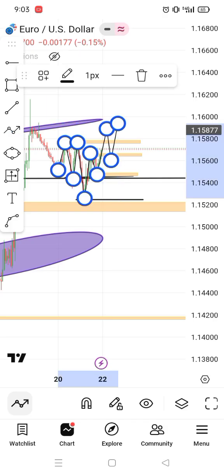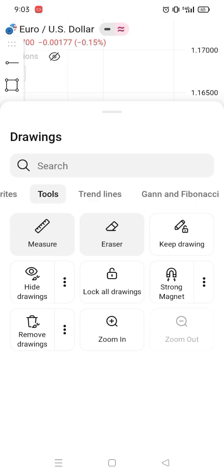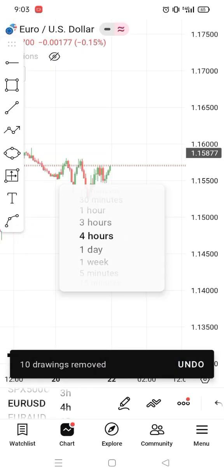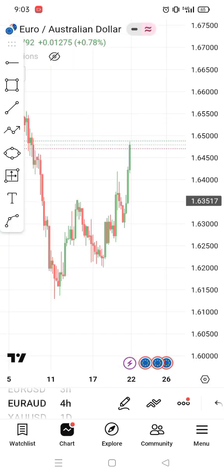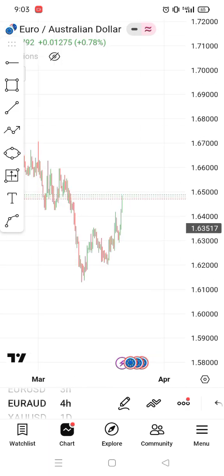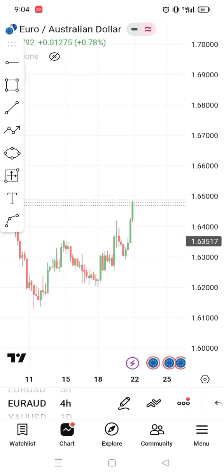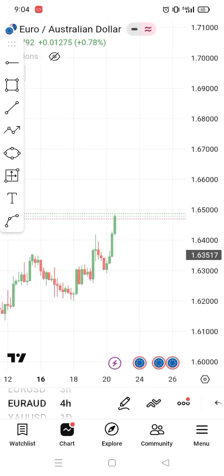So that's all the update from these two pairs. But overall, the Australian dollar is already doing its thing, so we'll see how it will go. That's all for today, man.